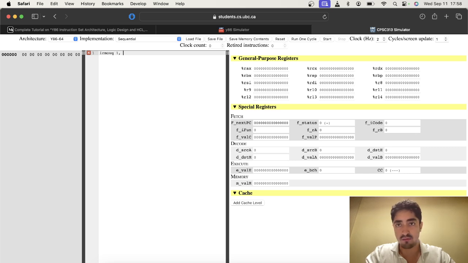Move 1 to R, let's use R8, for one cycle. irmovq, put 3 in R9.